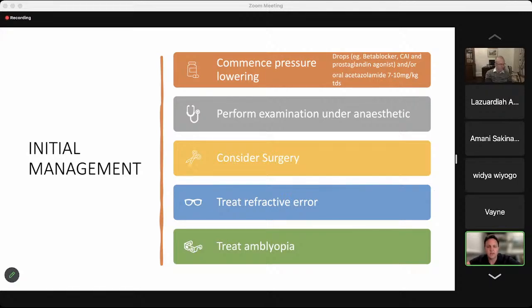And the idea is that you would perform the examination under anesthetic with the plan to perform some definitive surgical intervention at the same time. So we'd consent them for an EUA plus usually a goniotomy or trabeculotomy, depending on the view. As with all kids with any eye problem, it's important to always keep in mind refractive error and treating any refraction problems, and also considering amblyopia as well.